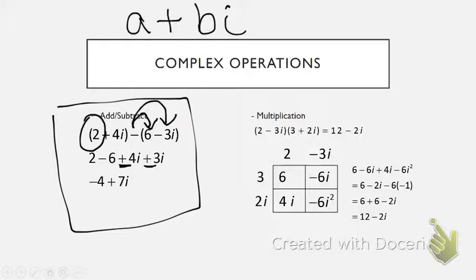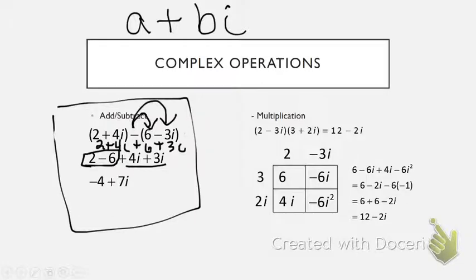Watch. 2 plus 4i minus, that becomes a plus, 6 plus 3i. I rearranged to show you that I'm combining like terms. I put my whole numbers, my real numbers, together, 2 minus 6, and I put my imaginary numbers together, 4i and 3i.